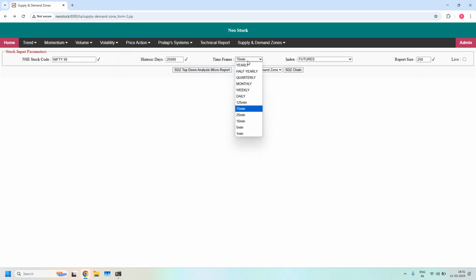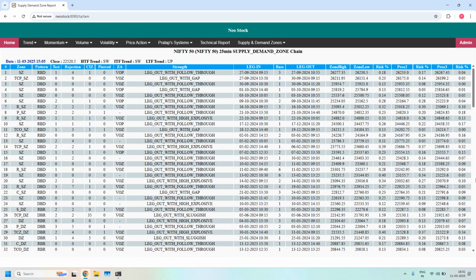Next, 25 minutes supply demand zone chain for NIFTY. Let me put it in the center.